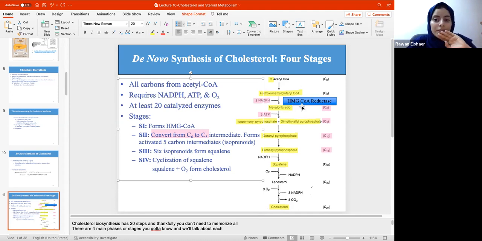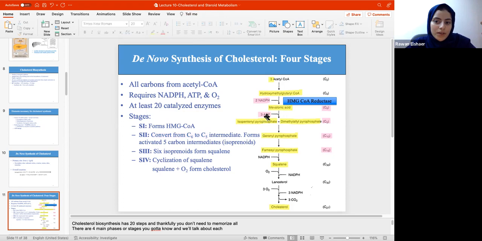Then the mevalonic acid is converted to isopentenyl pyrophosphate, and the way this happens is that first it undergoes phosphorylation, and it undergoes phosphorylation 2 times. So you have 3 ATP molecules right now. 2 of them are used to phosphorylate mevalonic acid. The last one is used to decarboxylate the intermediate, okay?